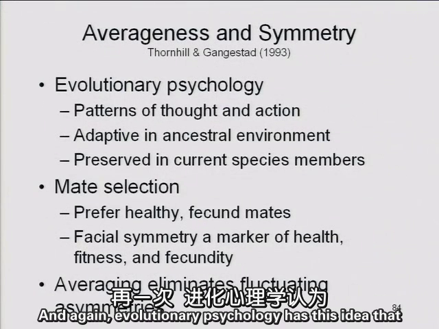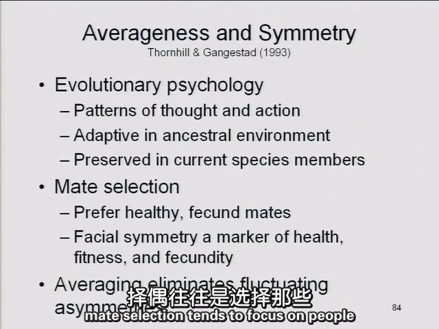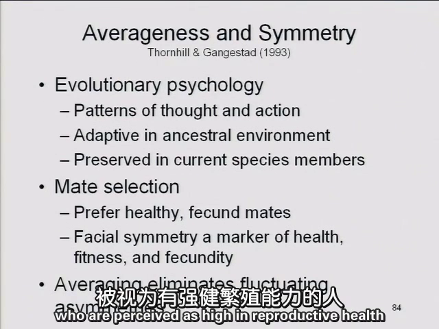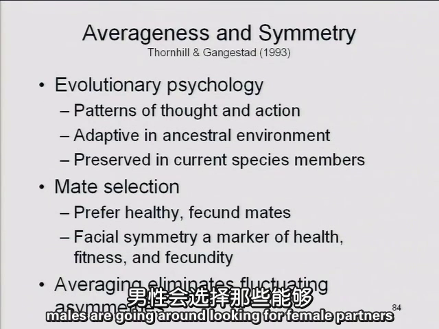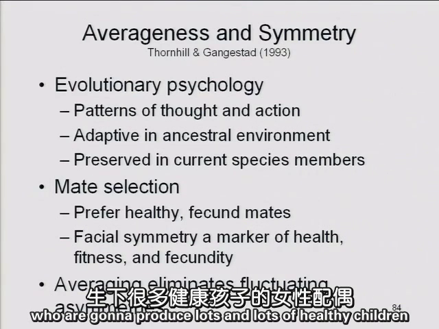And again, evolutionary psychology has this idea that mate selection tends to focus on people who are perceived as high in reproductive health. Males are going around looking for female partners who are going to produce lots and lots of healthy children.